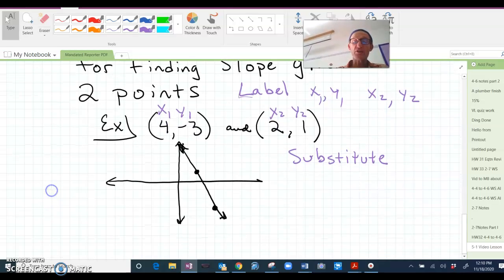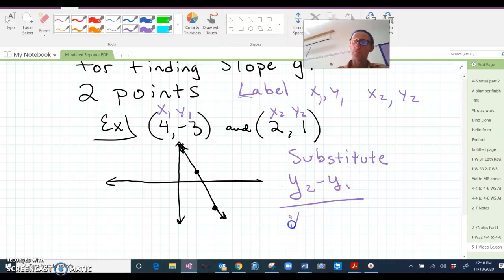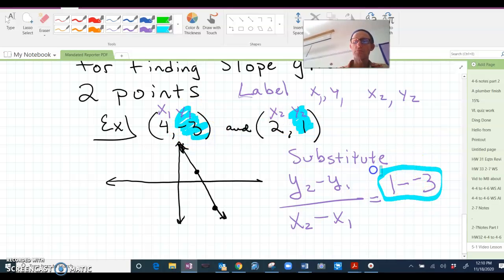All right, so y2 minus y1 over x2 minus x1 equals 1 minus negative 3 over 2 minus 4.